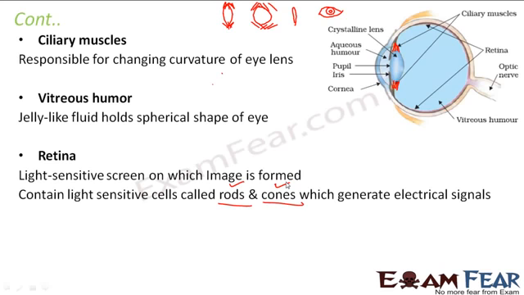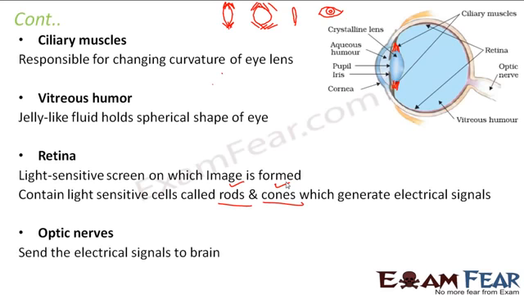These rods and cones generate some electrical signals, and then comes the role of the optic nerves. The optic nerves send these electrical signals to the brain. What does the brain do? The brain receives those electrical signals, manipulates the signals and gives an erect image.